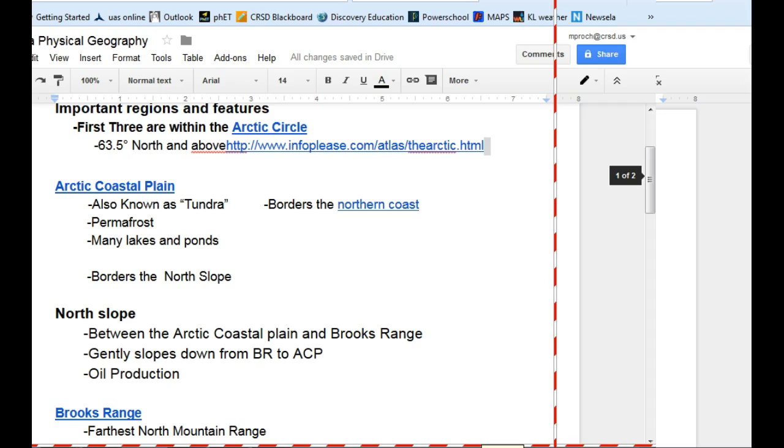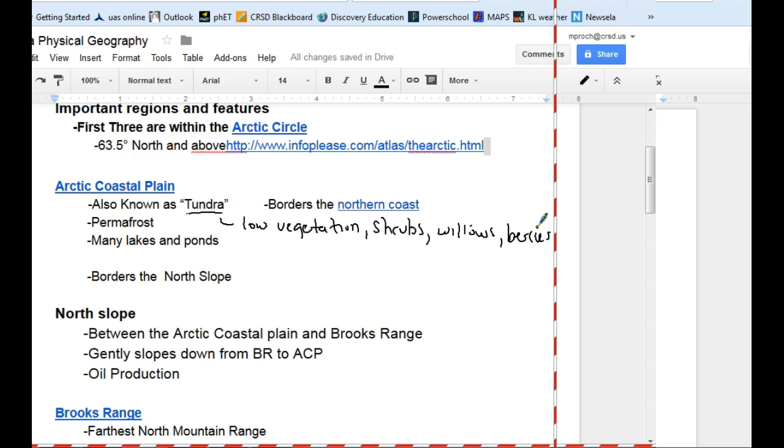A lot of this area is also known as tundra, and we talked about that at the beginning. Low vegetation, shrubs, willows, berries, just really low. They have tussocks, but generally you don't see any big trees or really large vegetation.